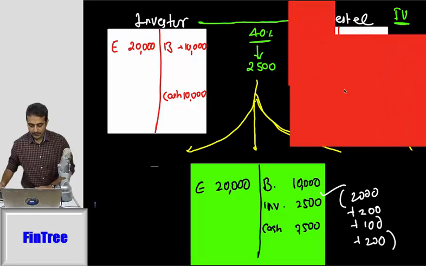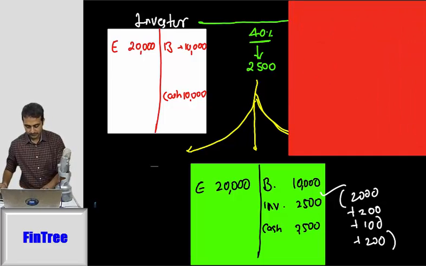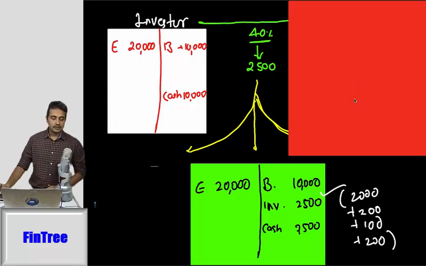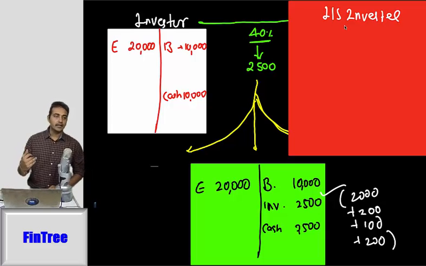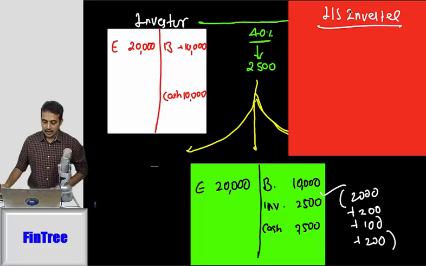The income statement of the investee. Okay, so now this is the income statement of the investee. We are assuming this is by the end of that year. Sales, $5,000.